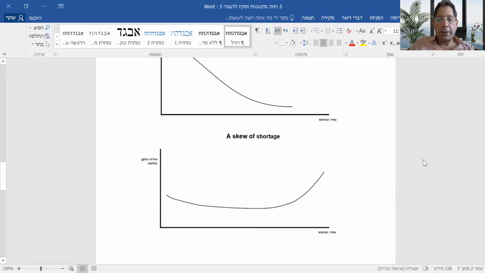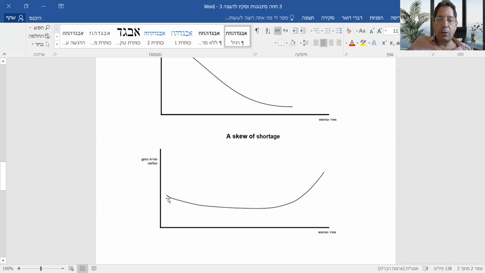Another kind of skew is a skew of shortage. If we are afraid to be without an asset, for example, if we're afraid that prices of gas or oil will go up, people want to buy out-of-the-money calls to make sure that they will not lose if there is a sudden increase in oil prices.